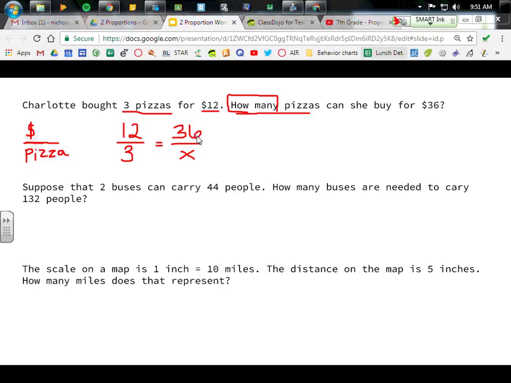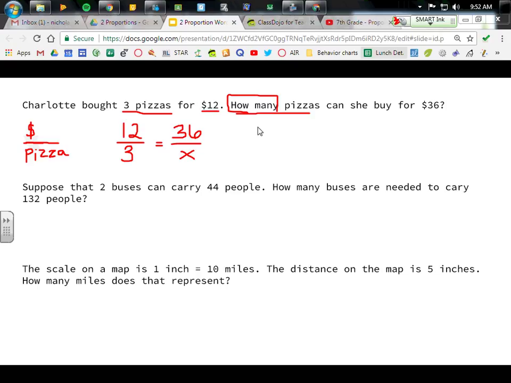So it's very important when I'm setting up my 2 ratios to keep my order consistent. I determined way back here that I'm going to be comparing dollars over pizzas. So I've got to set up both of my ratios in that order, or else this is not going to work. If I chose to write 3 over 12 here because I like that fraction better, that's just going to screw everything up. I'm not going to come up with the right answer here.